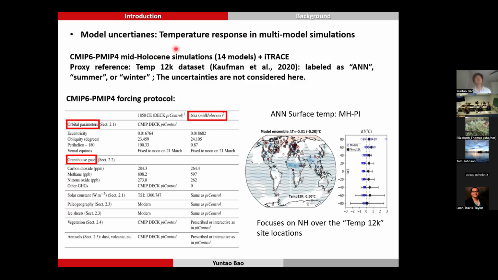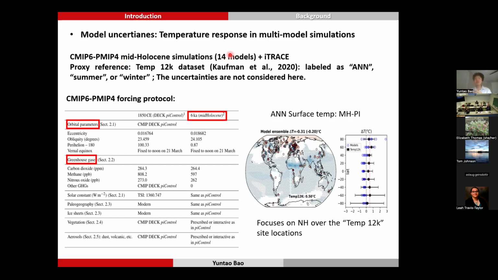So one way we thought of is an indirect way, using multi-model simulations. We know that CMIP6 has a paleoclimate model intercomparison called PMIP4, with about 14 models.